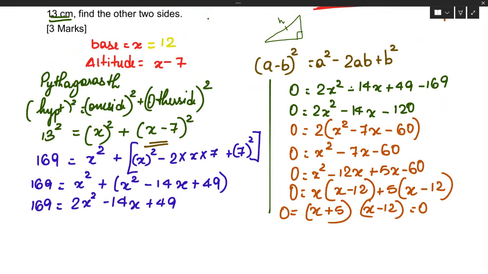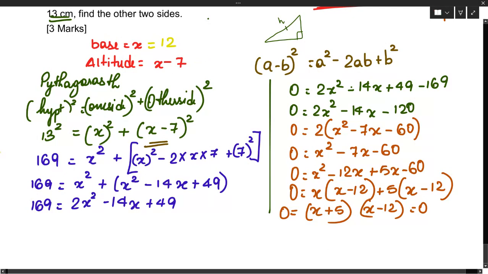Yeah. So minus 5 cannot be our answer because it is a base, and that is not possible. So 12 minus 7 is 5. Yeah. So one of the sides is 12 centimeter, and the other one is 5 centimeter.